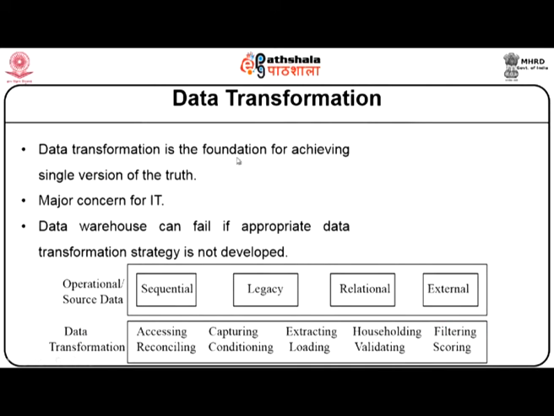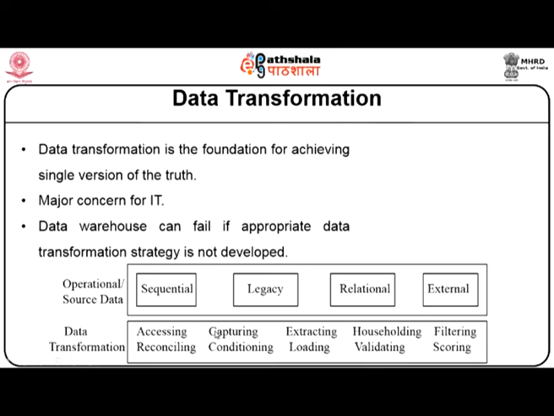So, data transformation is the foundation for achieving a single version of the truth. It is a major concern for most information technology concerns. A data warehouse can fail if an appropriate data transformation strategy is not developed. So, any operational data source, if you consider, it will have sequential data, legacy data, relational data, external data, but then after transforming, all the accessing and reconciling can happen.